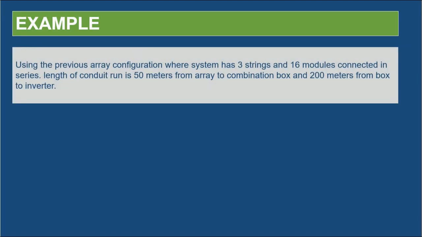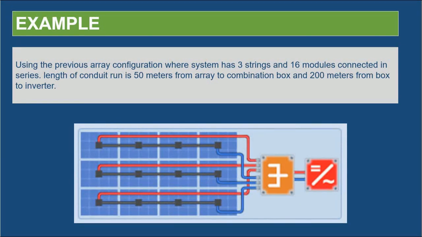In this example, we will have a system which has 3 strings connected in parallel and 16 modules connected in series in each string. The 3 strings are combined together in the combiner box, and then we will have a single cable between the combiner box and the inverter.